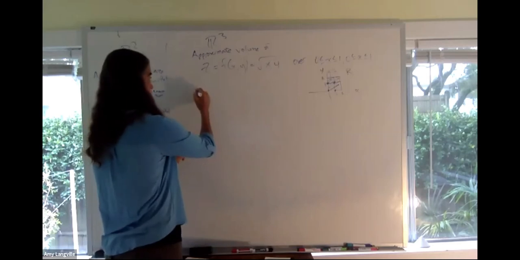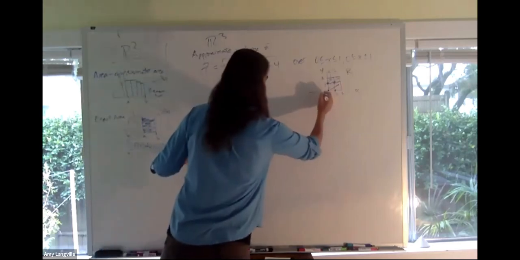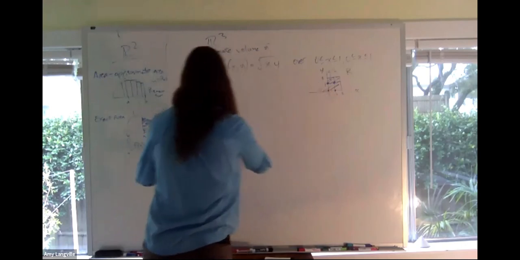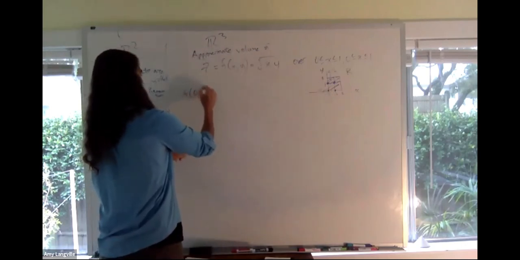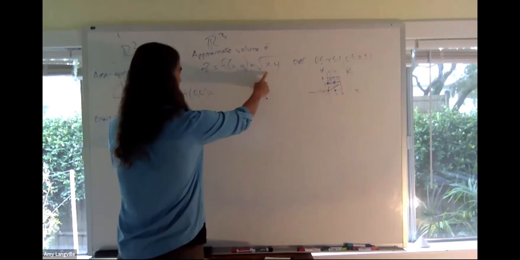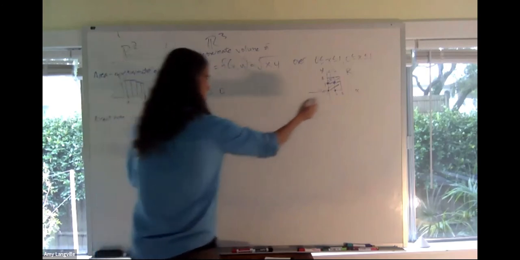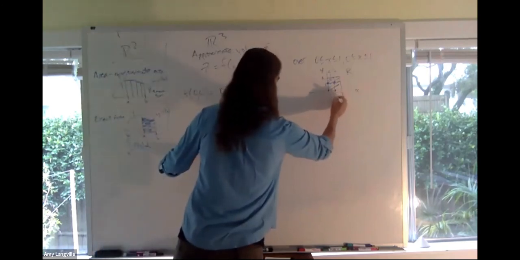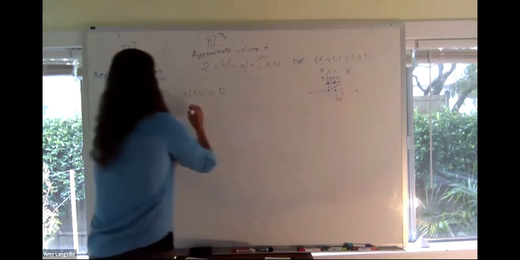So let's see. This one is at the point 0, 0. So I need to figure out what f of 0, 0 is. Plugging into my function, 0. The next one is the point 1/2, 0, so I'm going to plug in that.